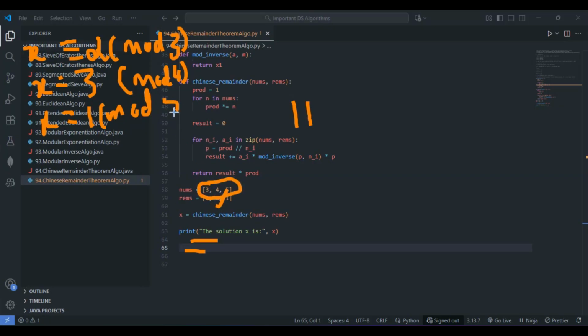So this is fine. The total product is 3 into 4 into 5, which gives 60. The capital M is 60, this we know.